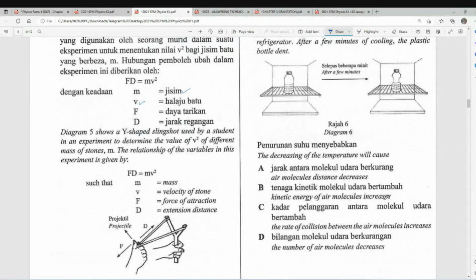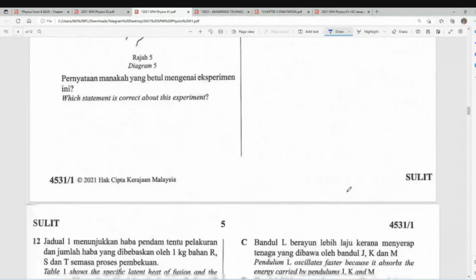Kinetic energy will increase is definitely wrong, so this is the wrong answer. The rate of collision will increase is also wrong. The number of molecules decreases is also wrong. So that's why the answer is this one. Because the distance decreases, the volume reduces, so that's why the bottle will be tense.